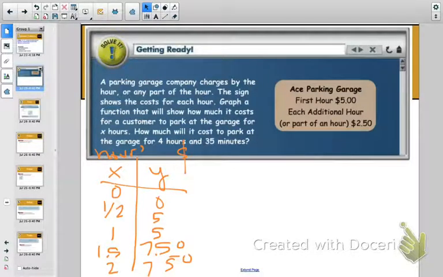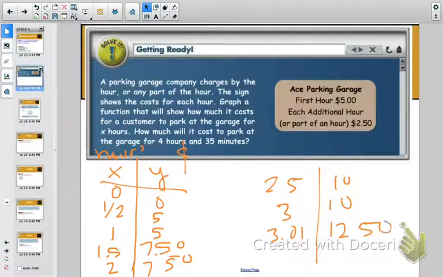When you get up to 2.5 hours, it jumps up to $10. At 3 hours, it's still $10. But once you get to 3 hours and 1 minute, same idea, it goes up to $12.50. And so on. So the graph of this would look something like this.